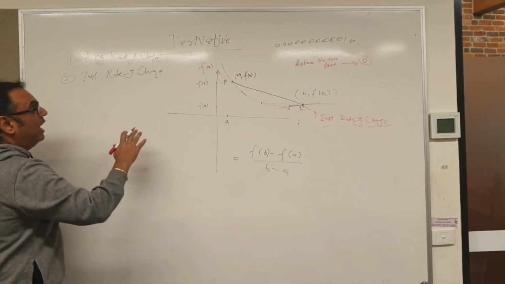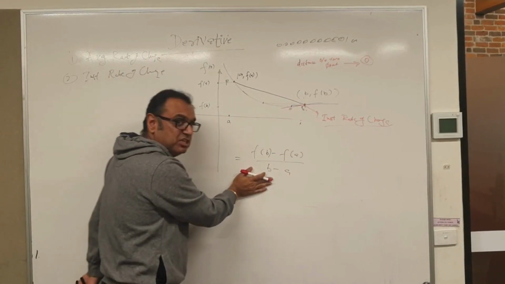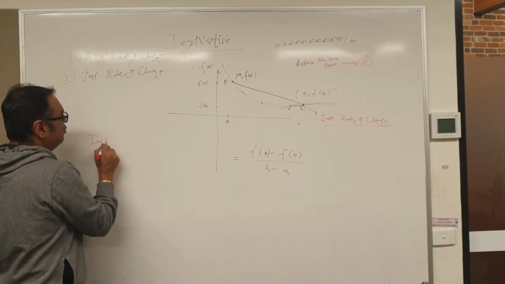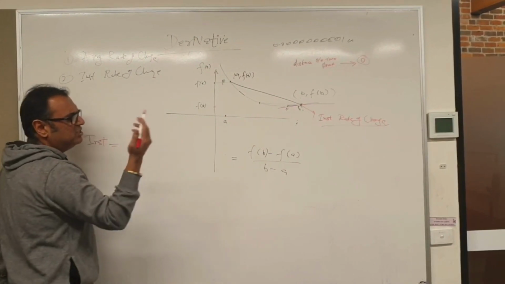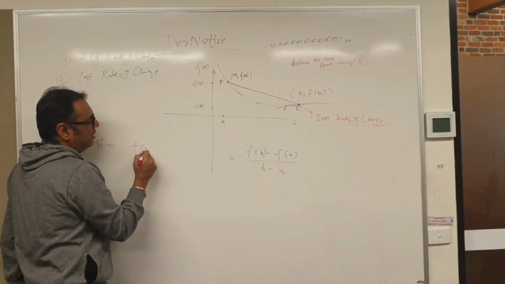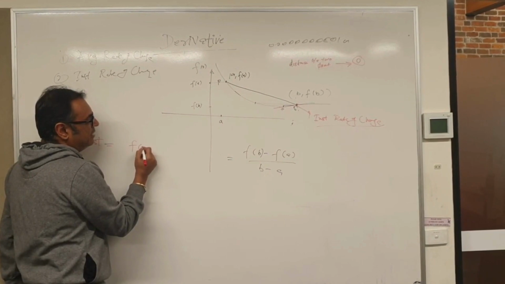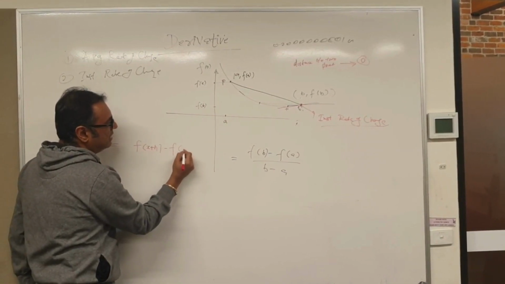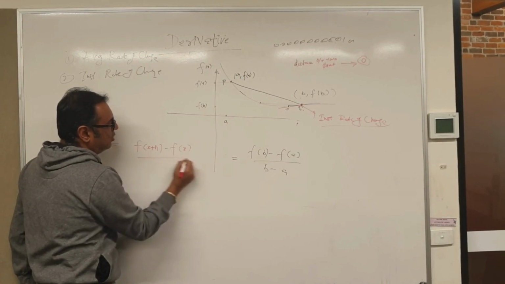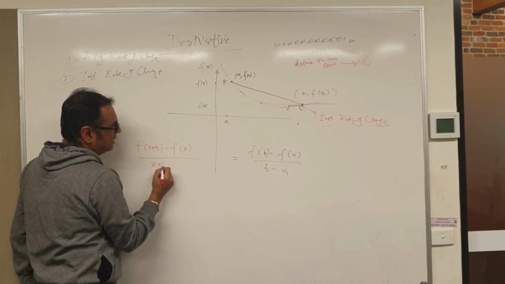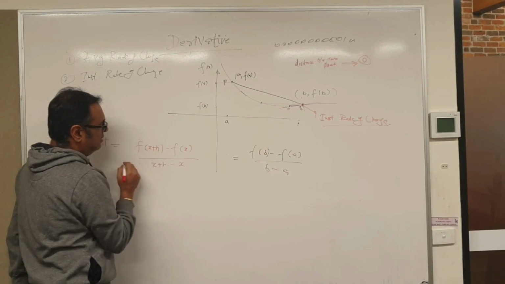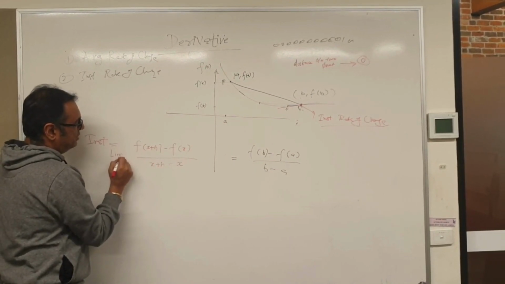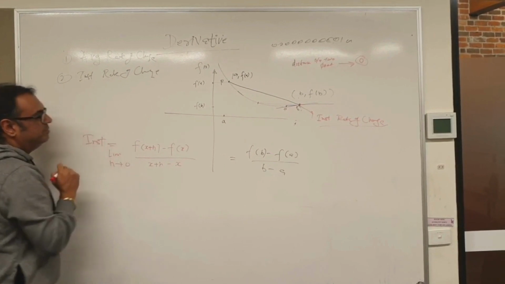So, how do I write? This was my average rate of change formula. Now, what is the instantaneous rate of change formula? Instantaneous rate of change is very simple. It says, if you've got f of x plus h minus f of x over x plus h minus x, where I say limit, h tends to 0.